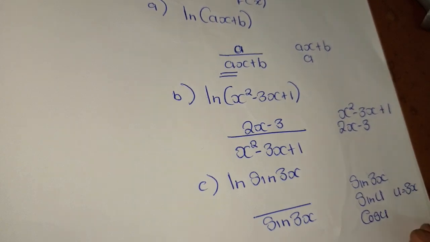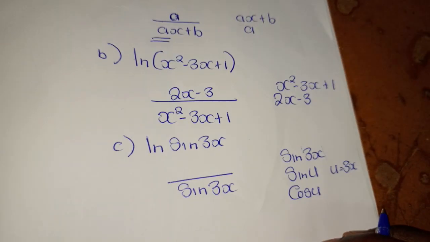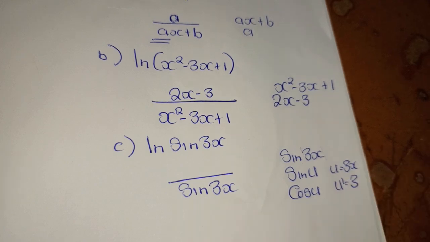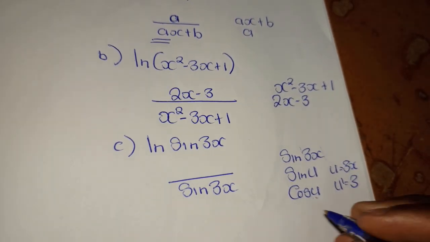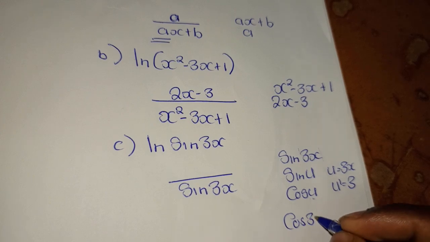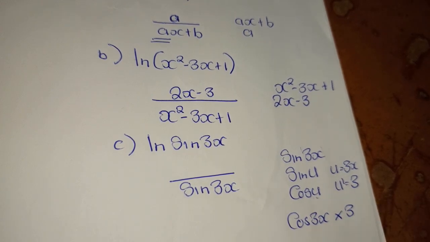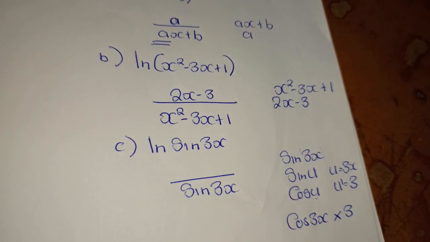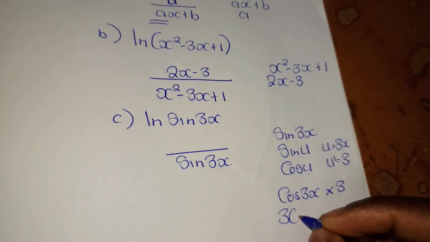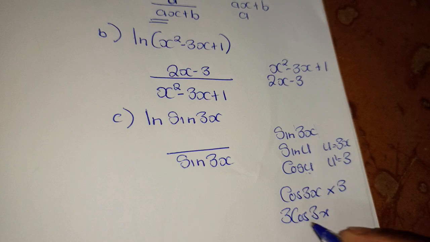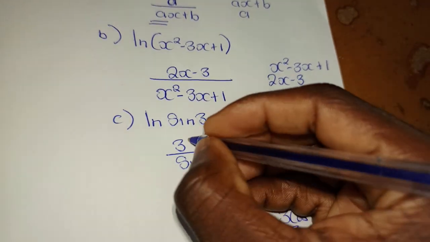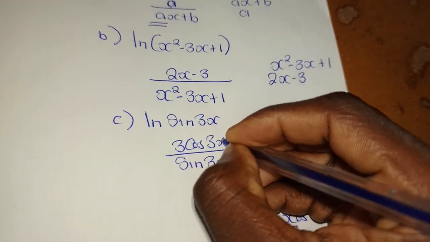Then you differentiate 3x and you will have 3, where u in the first place is 3x, and we multiply this by 3. We are using chain rule for us to do the differentiation. So 3 times the one in front, you will have 3 cos 3x. Then this is the derivative of sin 3x. So get this and put it on top as your derivative here.